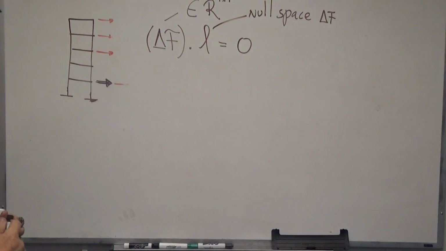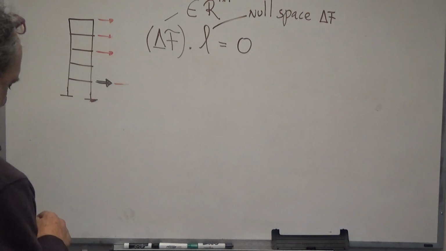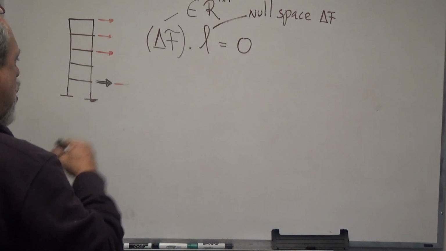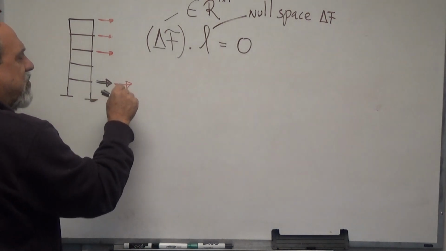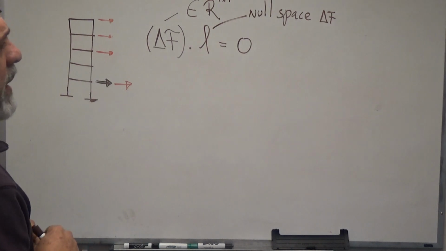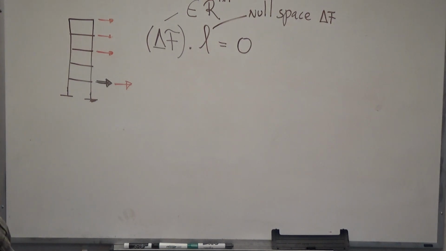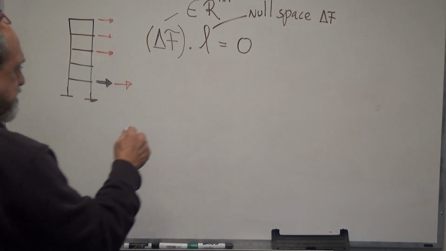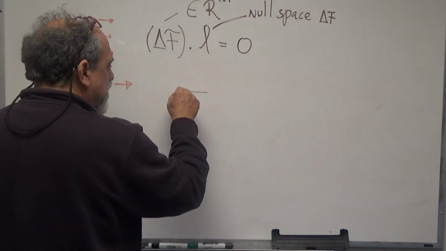Then the question you have to ask yourself is, how come the structure is deforming exactly the same at the sensors due to that load? And the answer is because there are no stresses acting at the damage location. And that's how we find the damage.